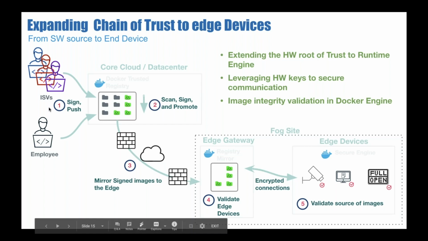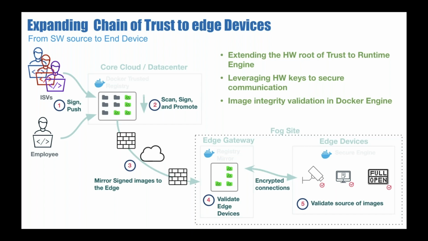So again, far left, your images are received. They could be signed by the originator, and ideally they're built from known sources. They are then received, their ingress into the repository, where they go through various stages before they're in a position to be shared out to another repository.